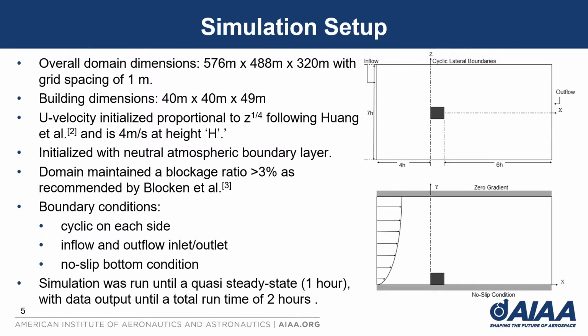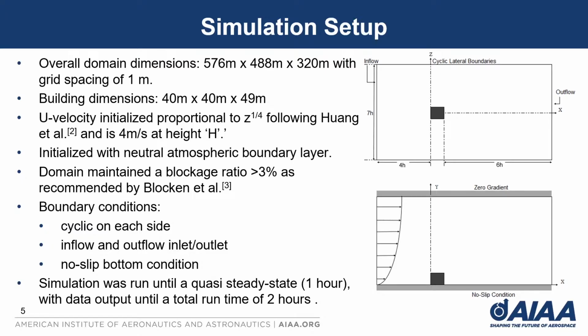The simulation setup was as follows. The overall domain dimensions were 576 meters by 488 meters by 320 meters with an equidistant grid spacing of 1 meter. The building dimensions were 40 by 40 by 49 meters, and the u-velocity was initialized proportional to z to the 1/4.